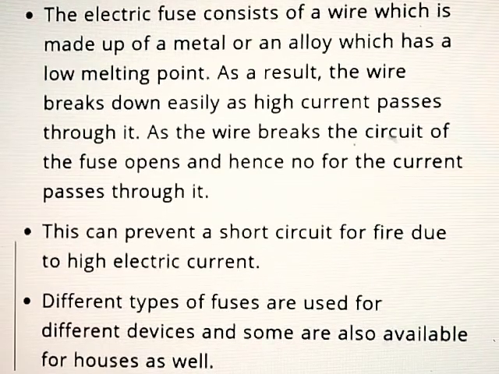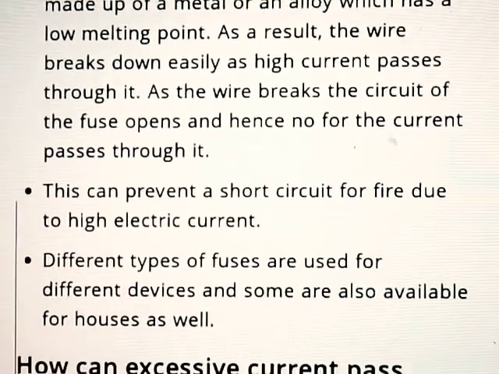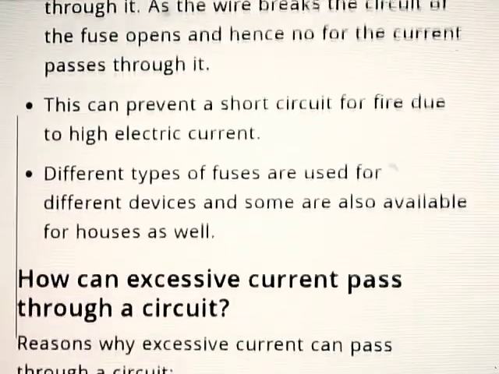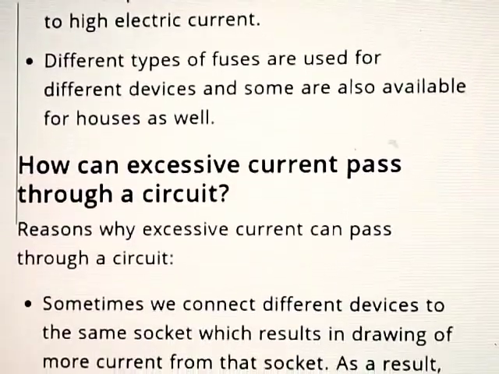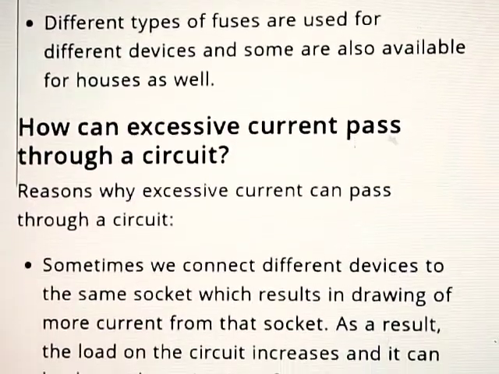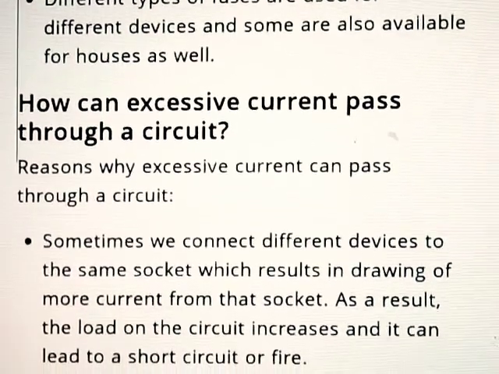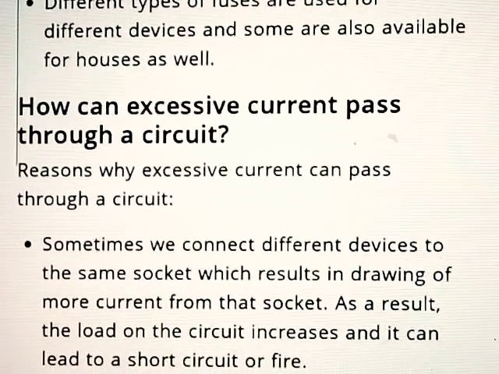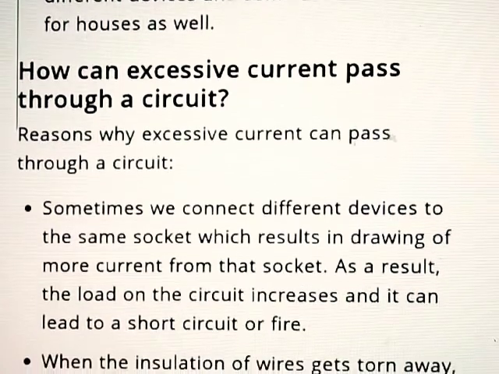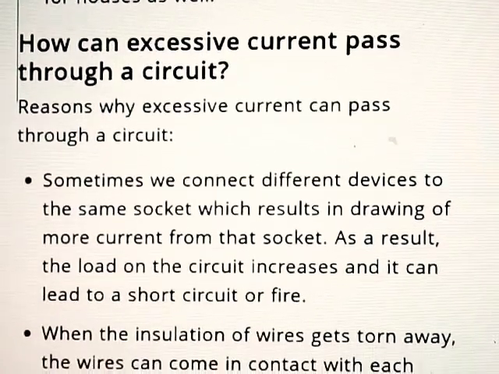This can prevent a short circuit or fire due to high electric current. Different types of fuses are used for different devices and some are also available for houses as well.